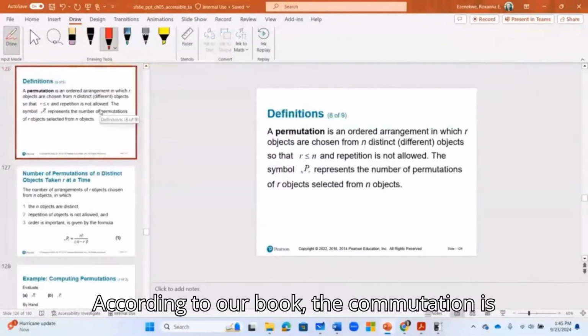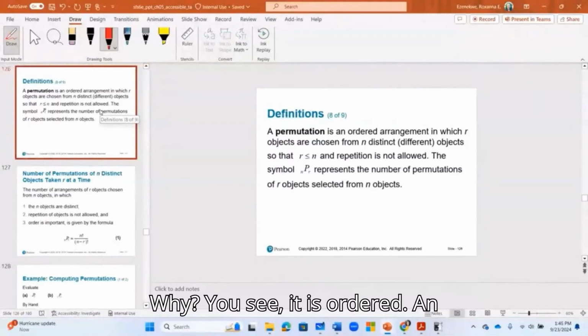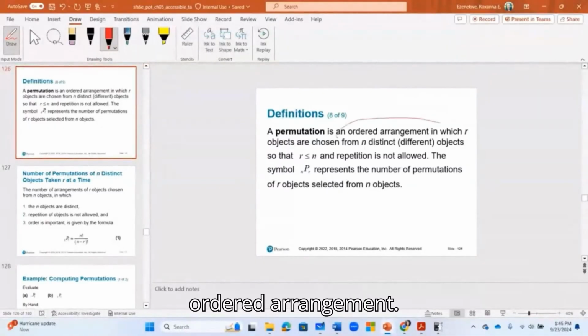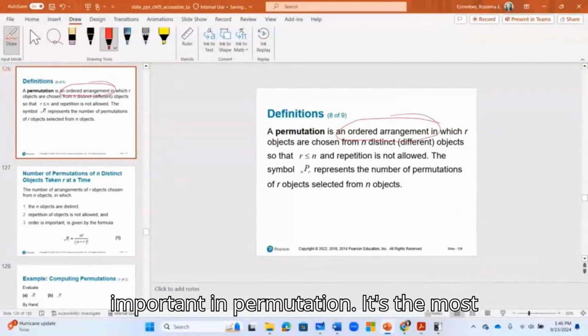According to our book, the permutation is an ordered arrangement. Why? See, it is order. An ordered arrangement. In other words, order is important in permutation.